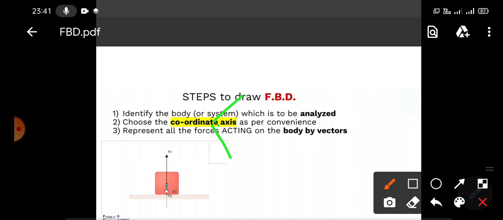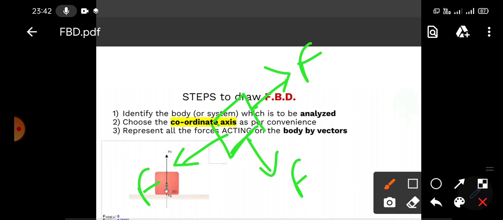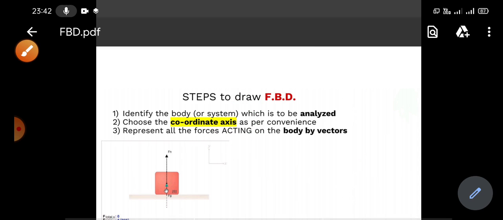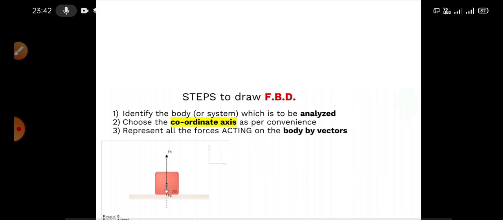But if your box is tilted and the forces are acting like this, f and f, we'll choose the coordinate axis with a tilted angle, so that all or at least most of the forces lie on the axis. The third point is to represent all the forces acting on the body by vectors.